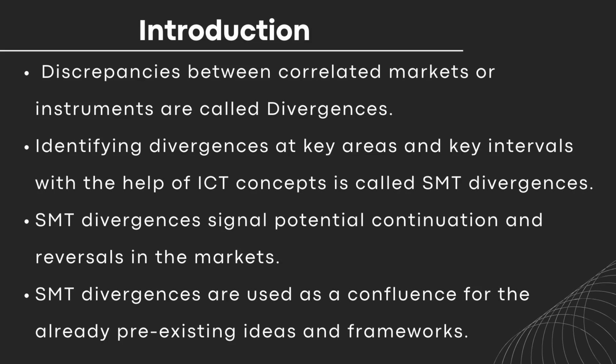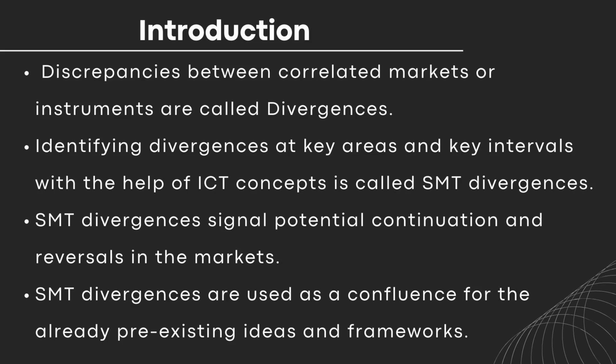Based off of that, we can potentially identify or spot discrepancies or variations. The type of variation and discrepancy or similarity will tell us about the potential continuation or reversal in the markets. SMT signals potential continuation and reversal in the markets. That's the main important thing about SMT divergences.